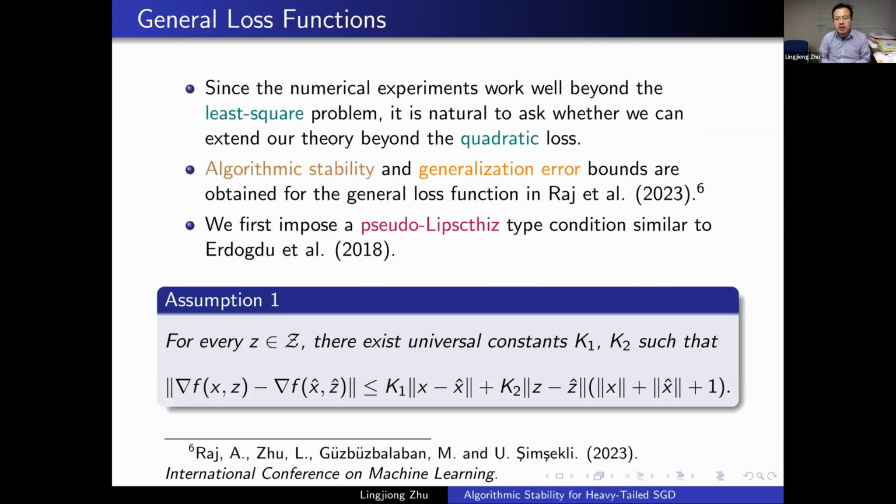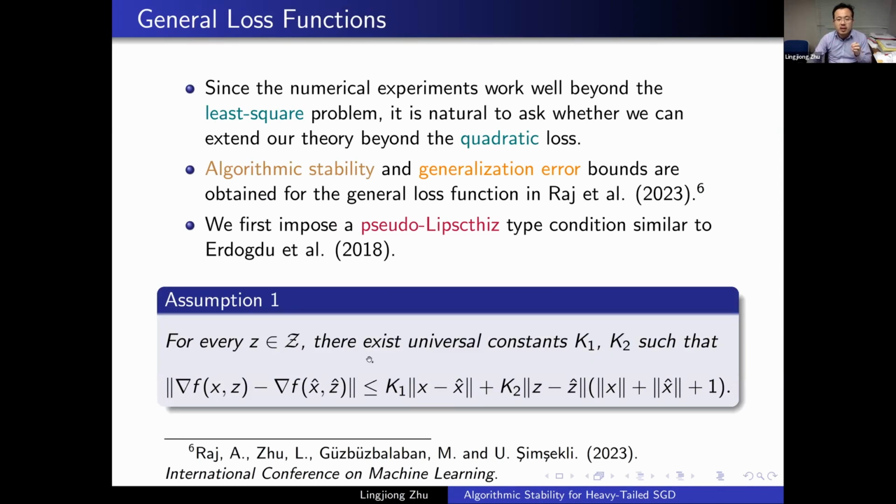Now we still need to make some assumptions, and we will try to make the assumptions as weak as possible. We obtained this algorithmic stability result for general loss function, heavy-tailed SGD, in our last year's ICML paper together with Anant, Mert, and Umut.